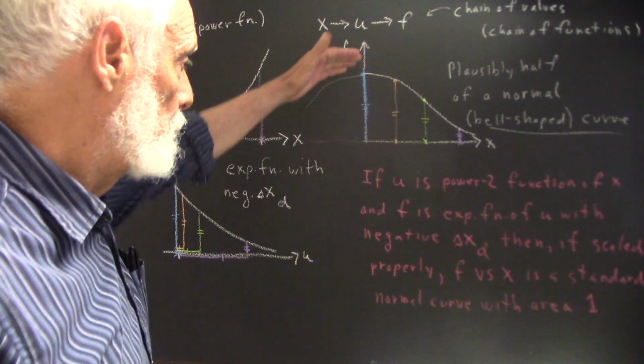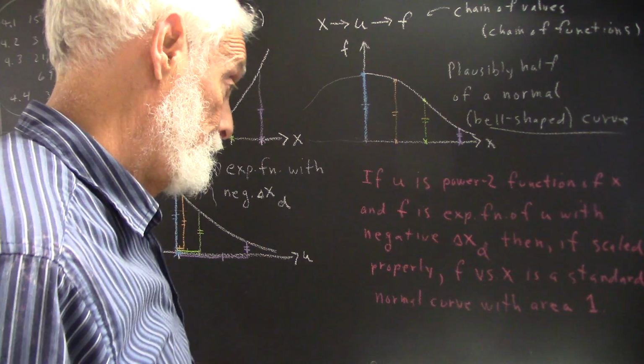That means the total area between the curve and the x-axis is 1.